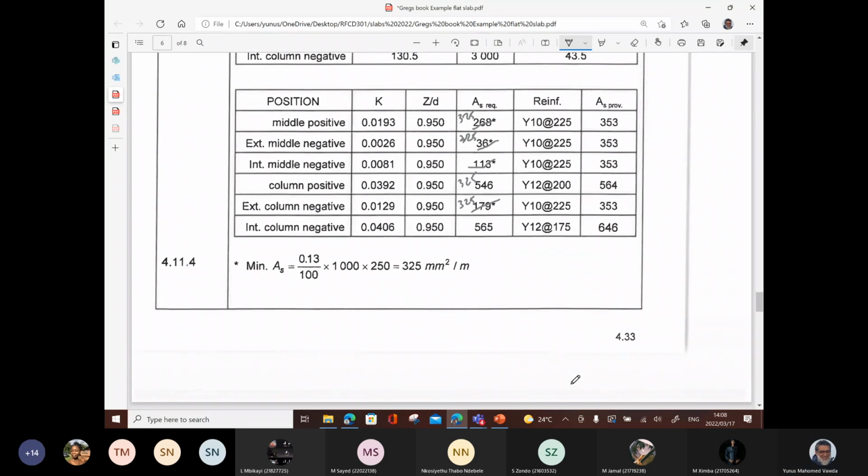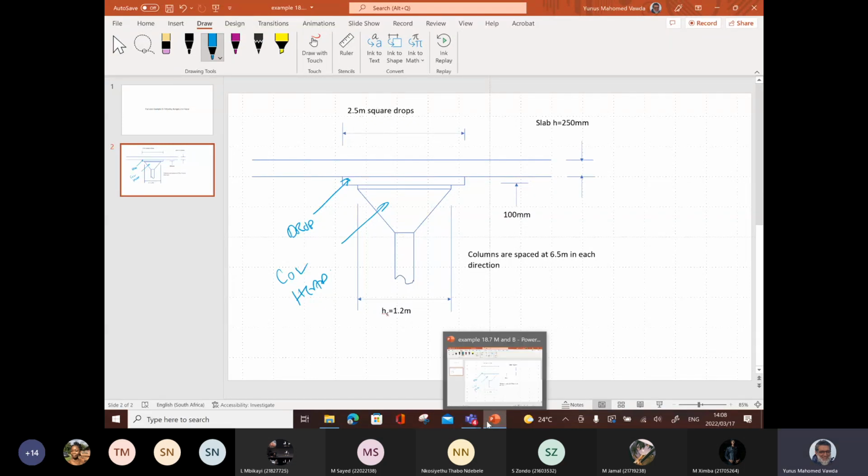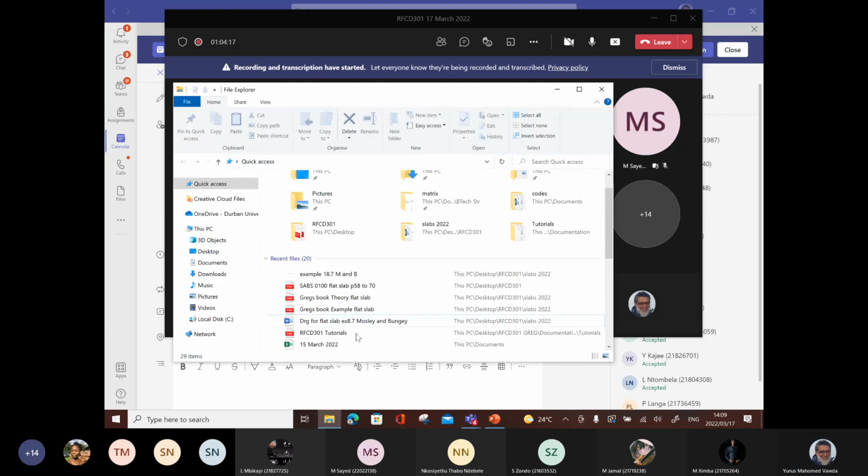We need to discuss the shear. I don't know why I didn't scan that. Okay, so let me just get to the shear part of it. Did I not include the shear part? Sorry.